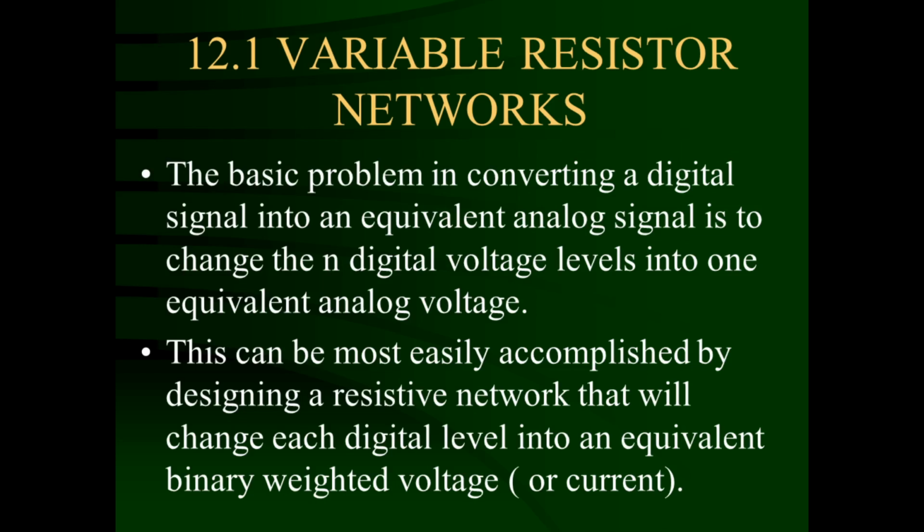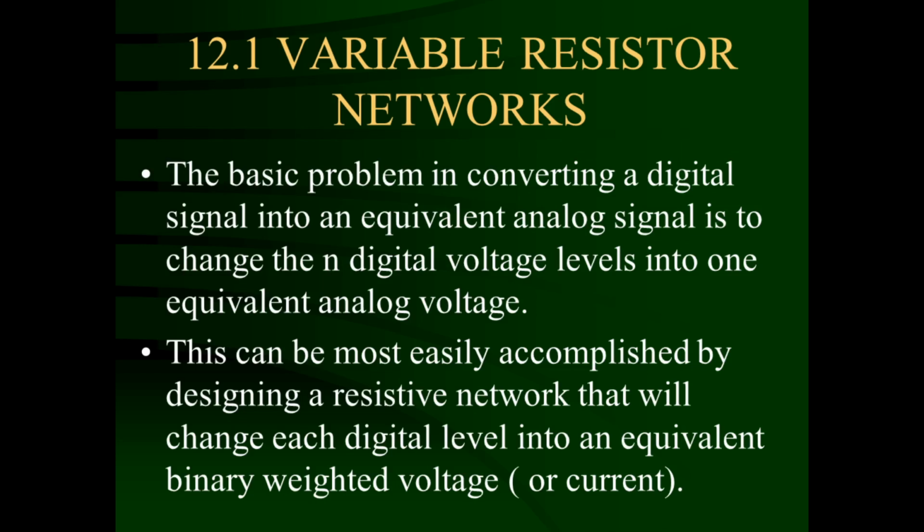That means a digital signal corresponds to n number of digital voltages, and all these voltages have to be converted into the corresponding equivalent analog voltage. That is the way we can have a D to A converter.